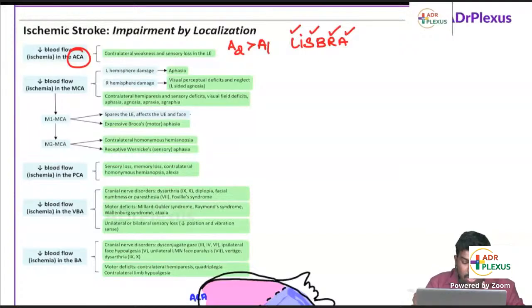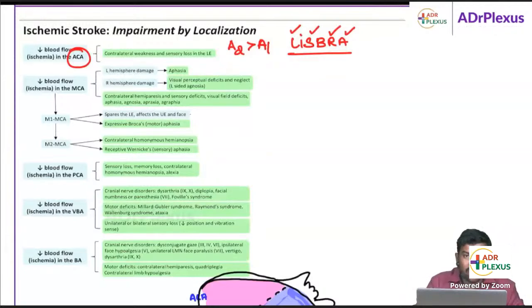So these are our clinical features. Whenever ACA territory is involved, I have told you about the recurrent artery of Heubner. So there is lower limb involvement, loss of social behavior, release of primitive reflexes, then abulia and apraxic gait.